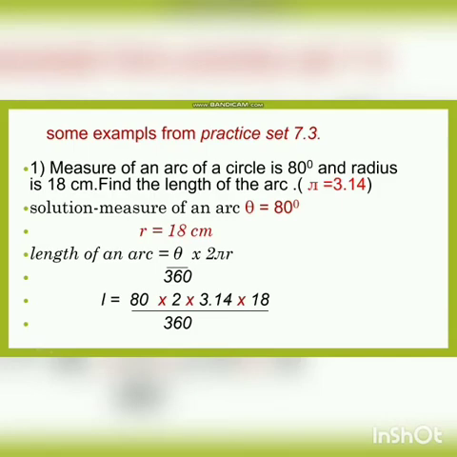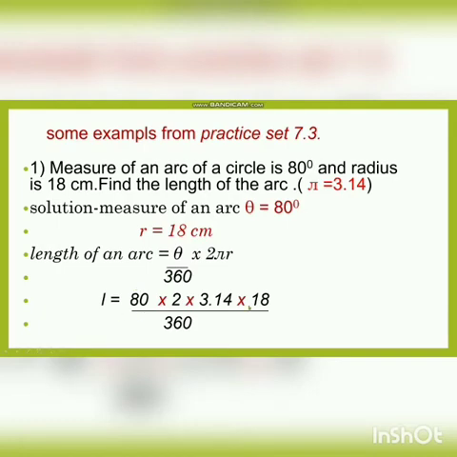So here you have to calculate, 0 gets cancelled. Divide 36 by 18: 18 ones are 18, 18 twos are 36, then 2 ones are 2, 2 fours are 8.